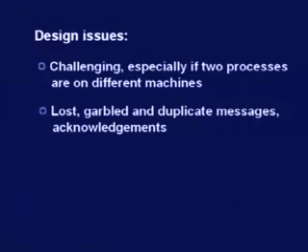The message could be garbled, which means that it got corrupted on the way because of interference in the channel, or for whatever reason it did not reach the destination, in which case the receiver will have to ask for a duplicate, and the sender will have to send duplicate messages.